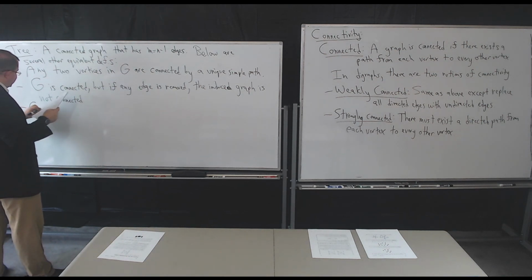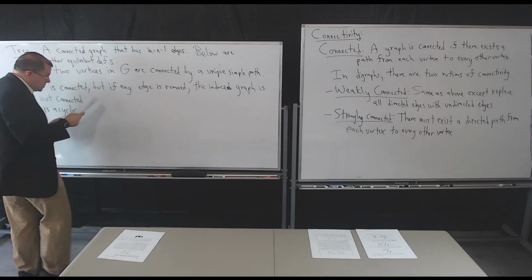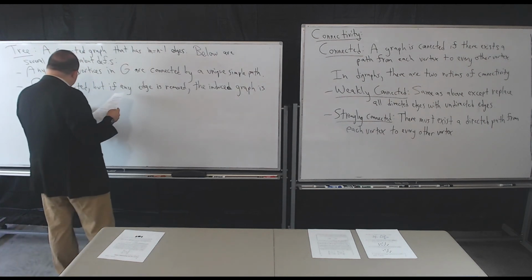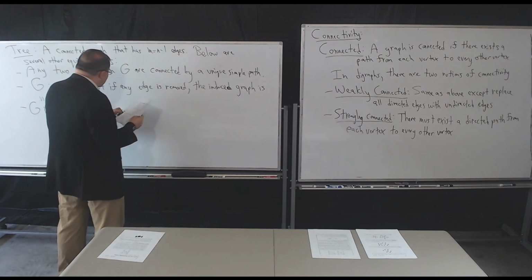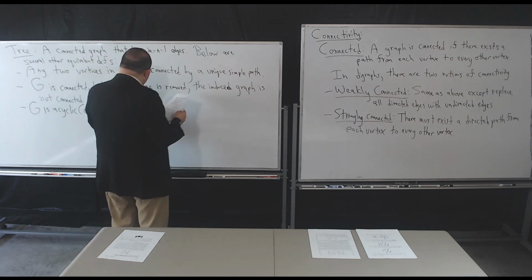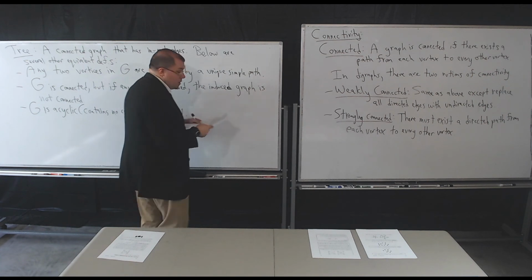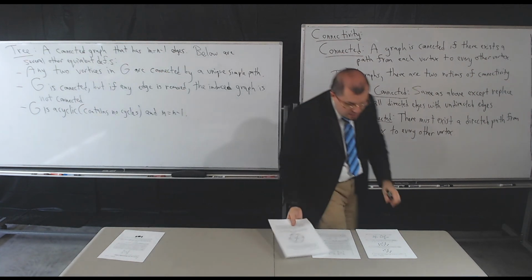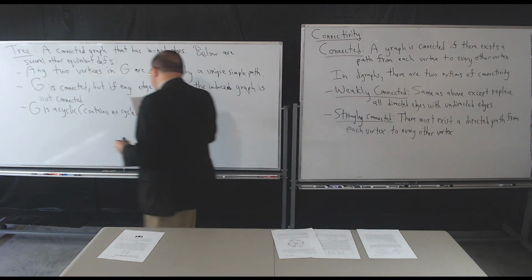G is acyclic. That means it contains no cycles. So there's no way I can find a cycle in it, and the number of edges is exactly equal to n minus 1. And one more, and I'm going to draw another picture or two.